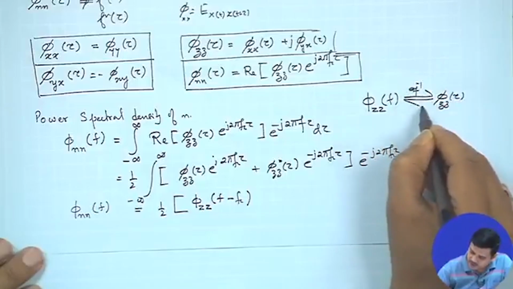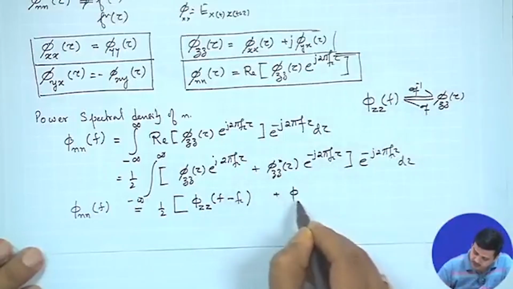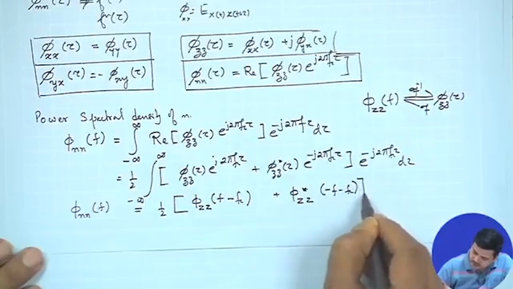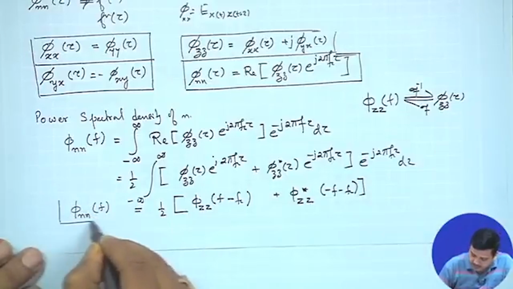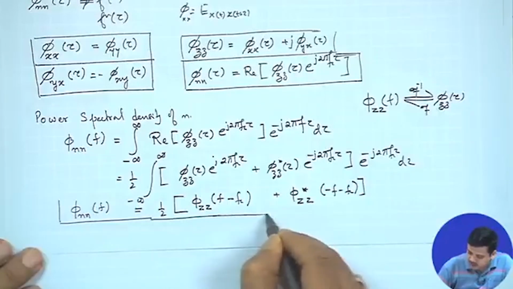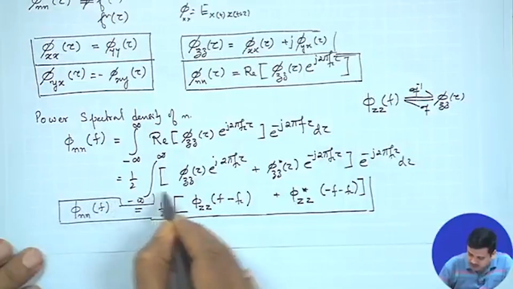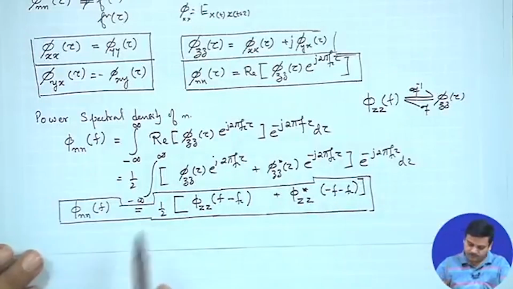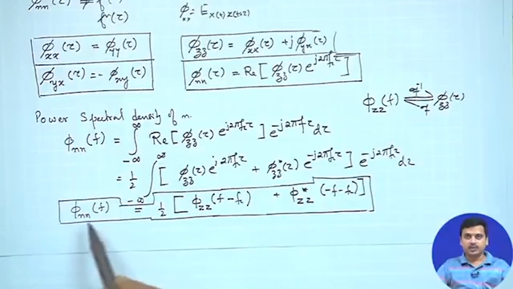This is the inverse Fourier, this is the Fourier relationship. Naturally, what we have been using is of course φ_zz conjugate of minus f minus f_c. So this expression again relates the autocorrelation of the band pass stochastic process to that of its equivalent low pass form, where z is the complex envelope of n.